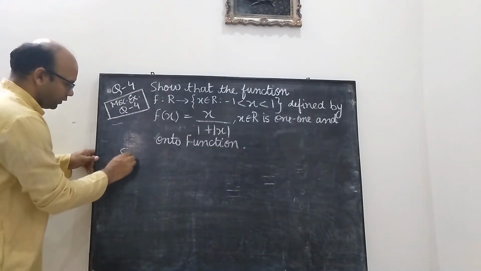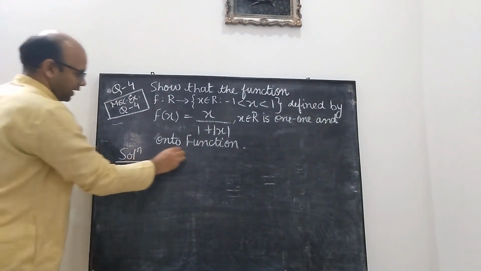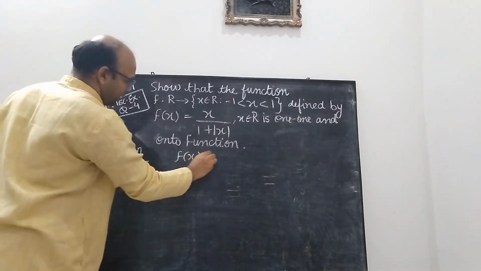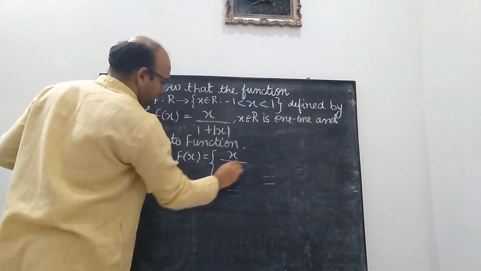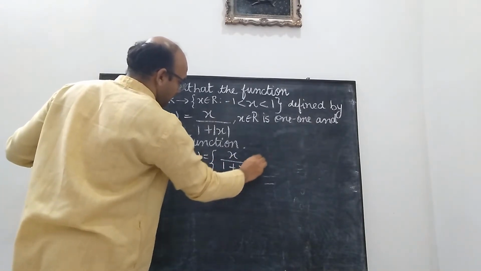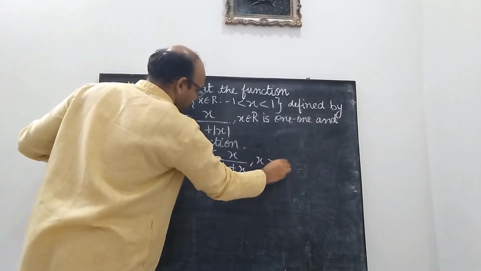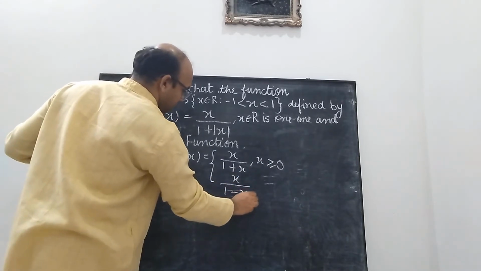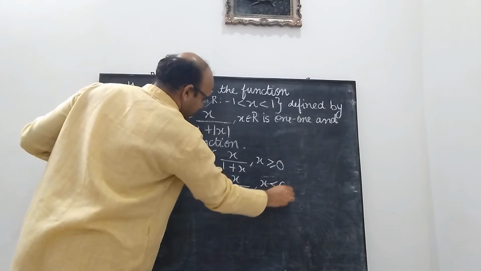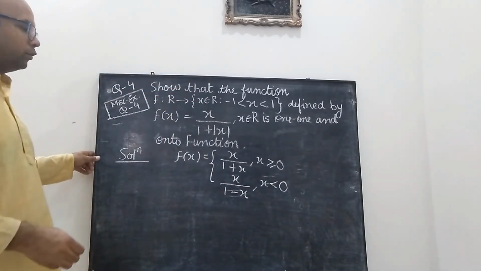The first thing we observe is that fx can be redefined as x upon 1 plus x whenever x is greater than or equal to 0, and x upon 1 minus x whenever x is less than 0.